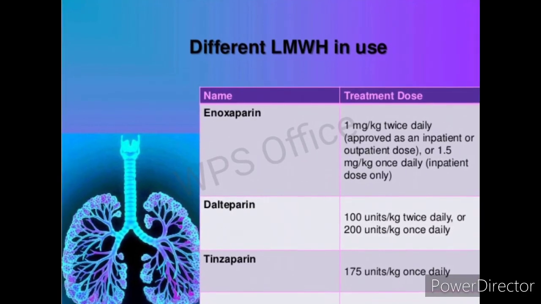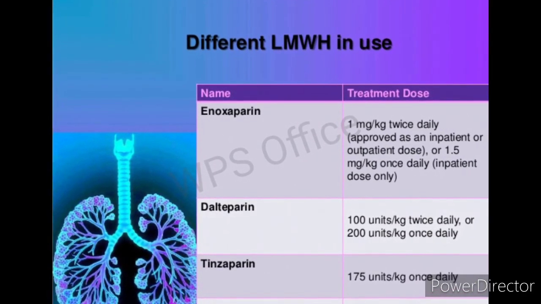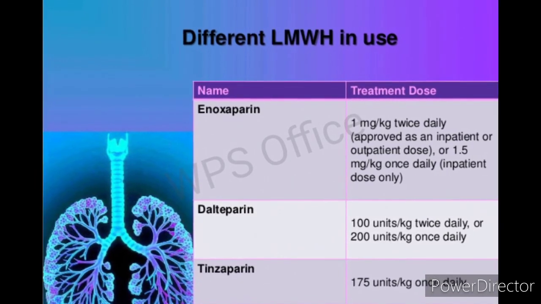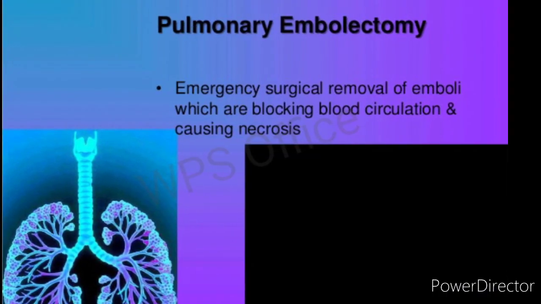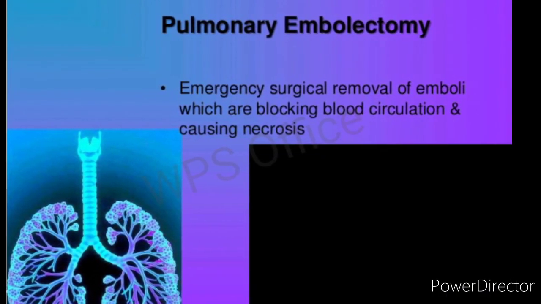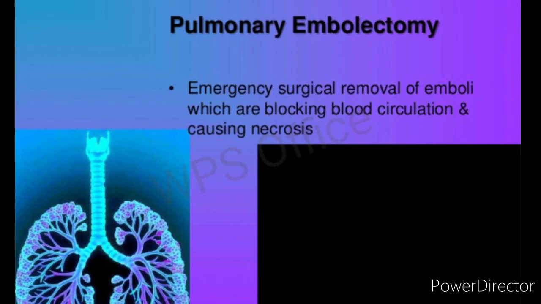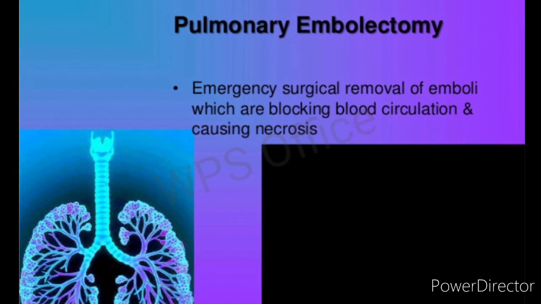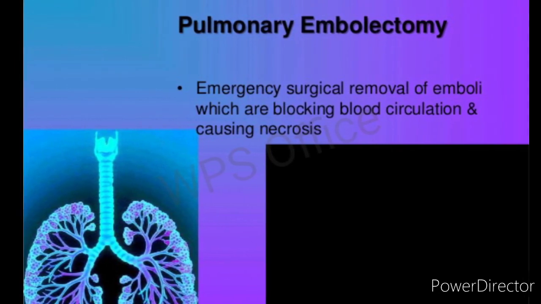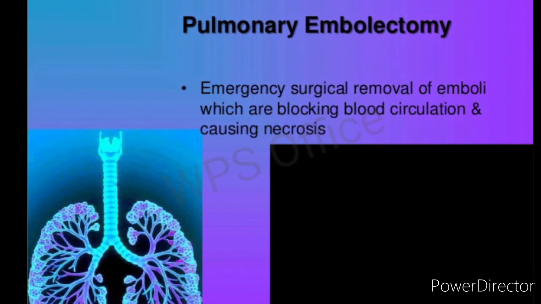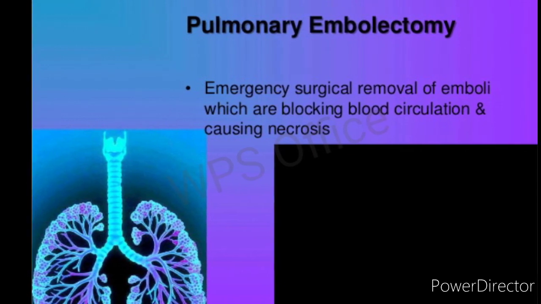In the next slide, we can see the different low molecular weight heparins which are used, so we have to learn all this by heart. Then pulmonary embolectomy can also be done. This is a surgery, in which the emboli which are blocking the blood circulation are removed with the help of surgery.